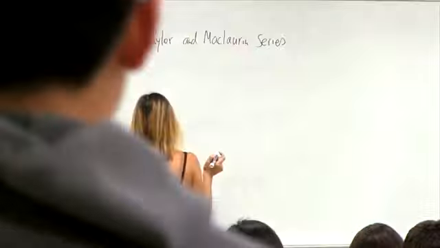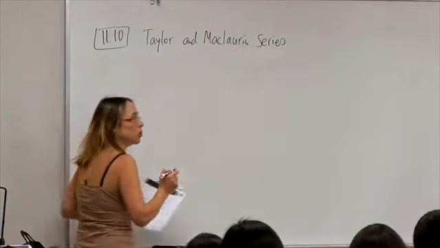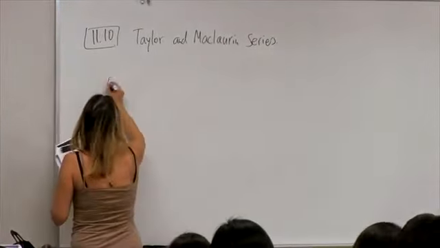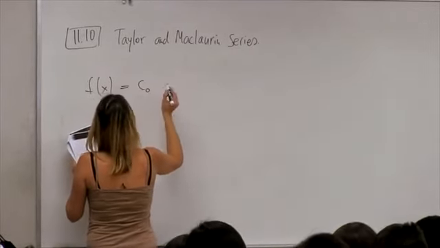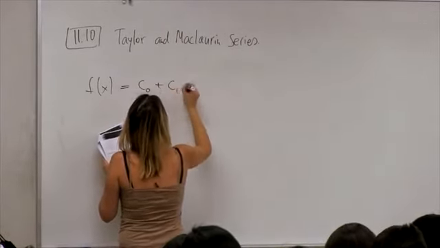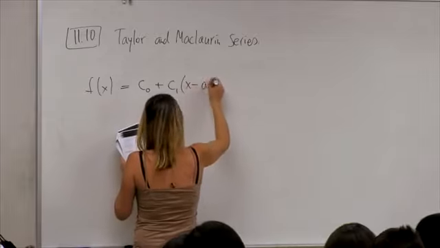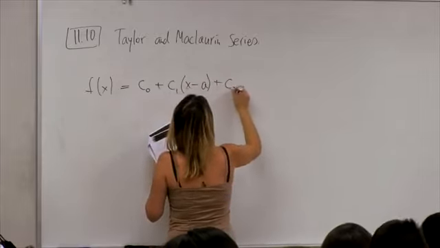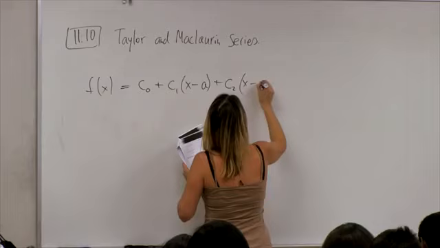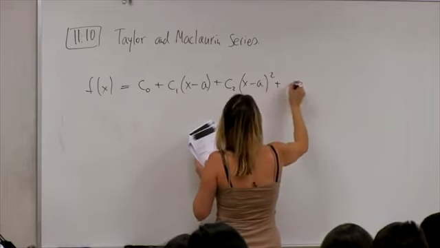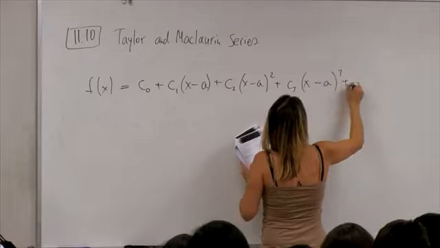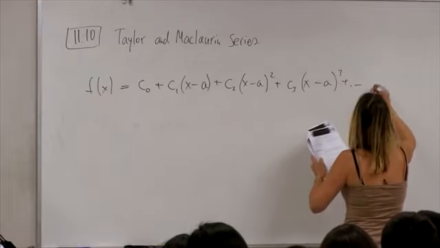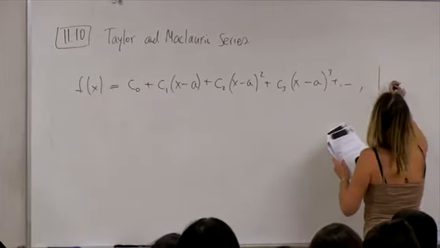So let's recall the notion of a power series. A power series is when we represent a function f as a bunch of powers of x minus a, where the c_n are coefficients, and that's an infinite number of terms.